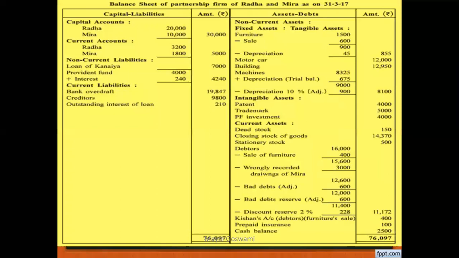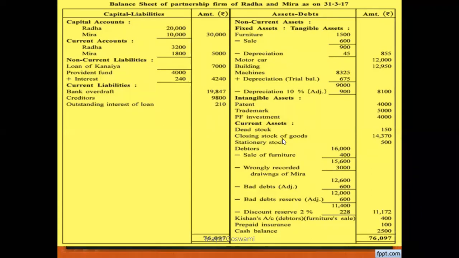Third adjustment, most important adjustment, I would say. I read it out. Furniture of 600 sold to Kisan for 400 on 1/10, which is recorded in the sales book. First of all, it is recorded in the sales book at obviously sales price, right? So first of all, you have to rectify it, you have to correct it. So let's eliminate this wrong effect.